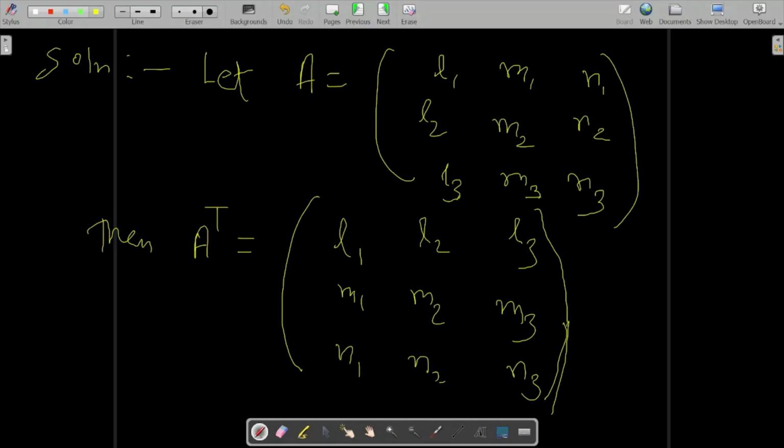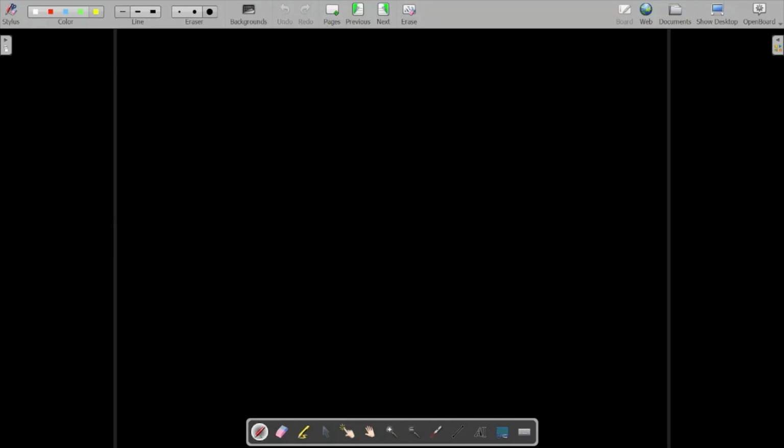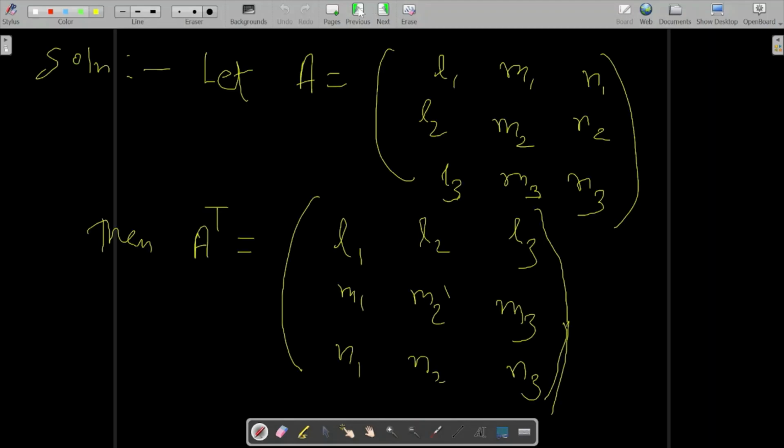Now we will take the product. We will basically take the product of A and A transpose, because you know by definition of orthogonal matrix, the product of a matrix and its transpose should come out to be identity, right? Let me write over here.